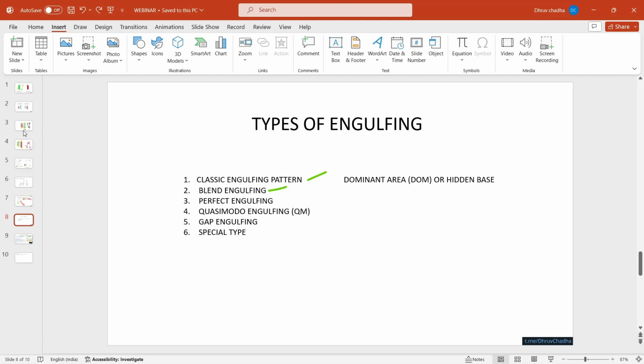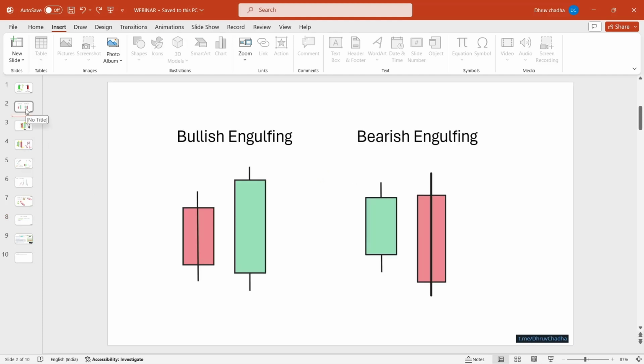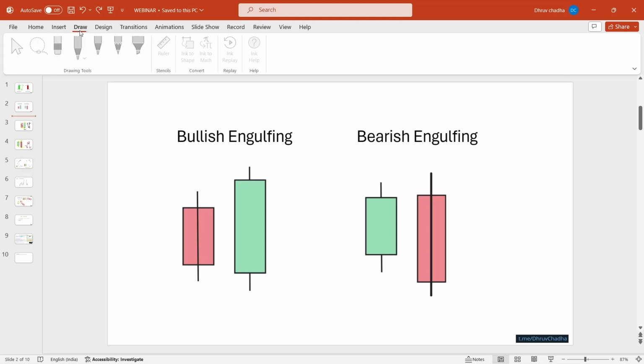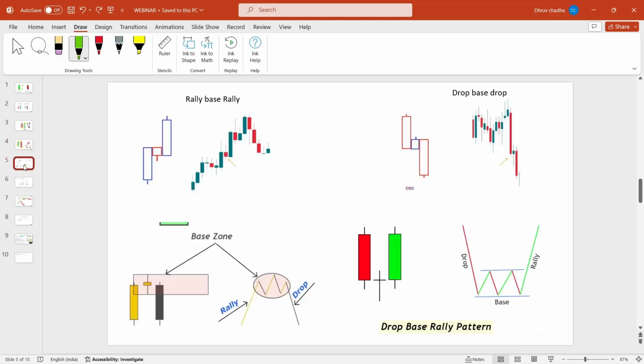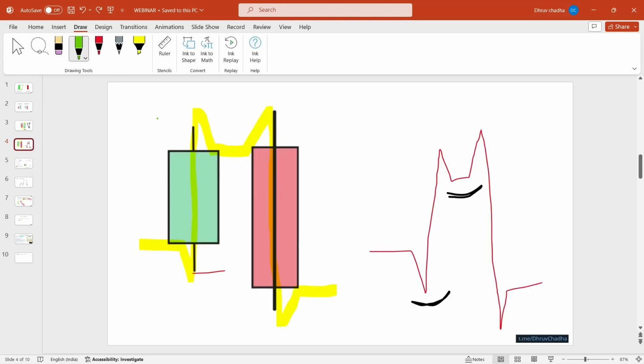Okay, so perfect engulfing candle basically means that when the low and the high of the previous candle are engulfed by the next candle, that is when we call it a perfect engulfing candlestick pattern.